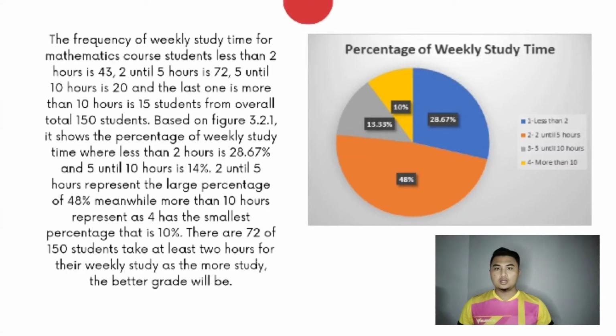Based on the figure, it shows the percentage of weekly study time where less than 2 hours is 28.67%, 5 to 10 hours is 15%, and 2 to 5 hours represents the largest percentage of 48%. Meanwhile, more than 10 hours has the smallest percentage, which is 10%.